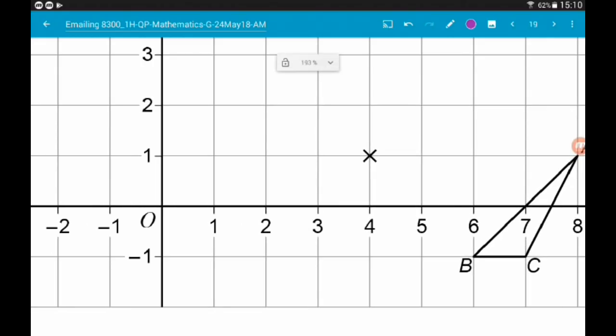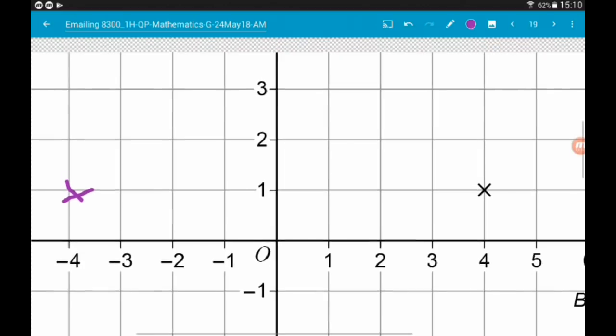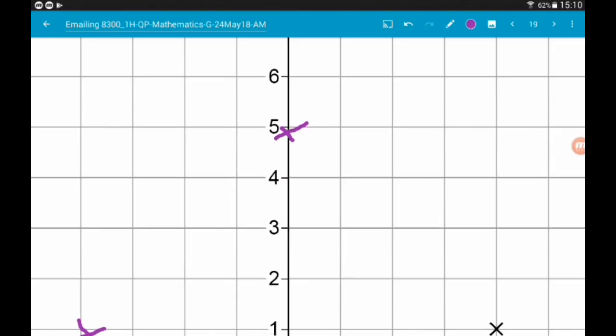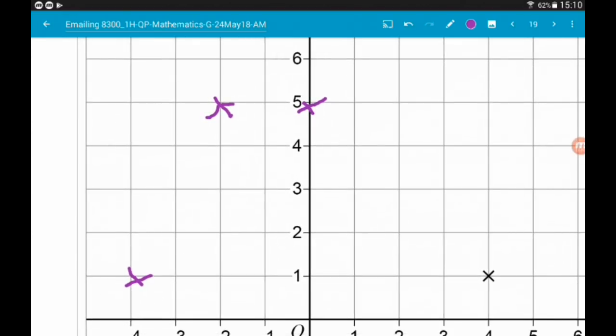So we're going to go 1, 2, 3, 4, 5, 6, and then 1, 2, 3, 4 places up. So that's where that point's going to be. Then draw the triangle in. If this was the real thing, use a ruler.